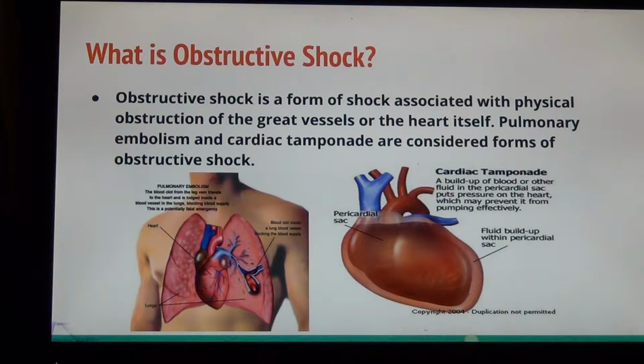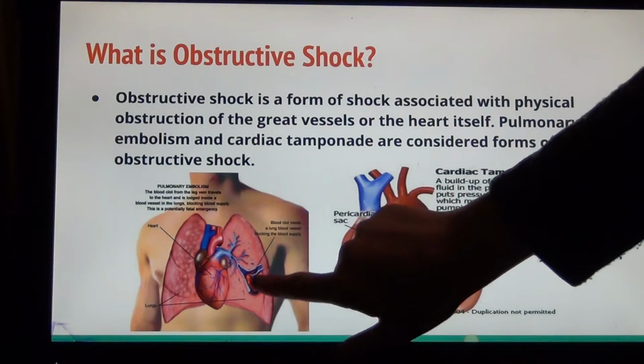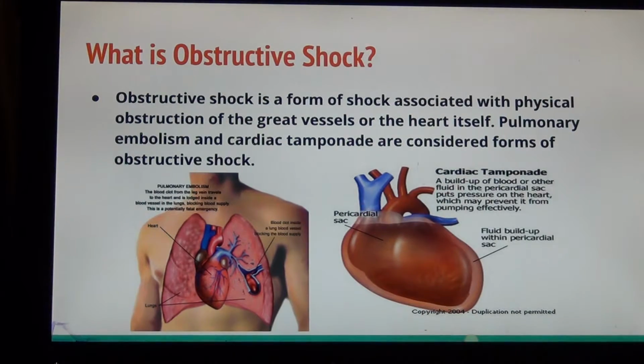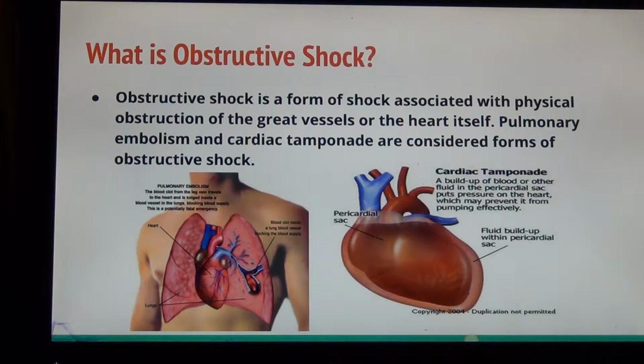The picture with the lungs shows a pulmonary embolism in the vasculature of the lungs, and this picture over here shows a cardiac tamponade, which is a buildup of blood or other fluids in the pericardial sac that puts pressure on the heart, which prevents it from pumping efficiently.